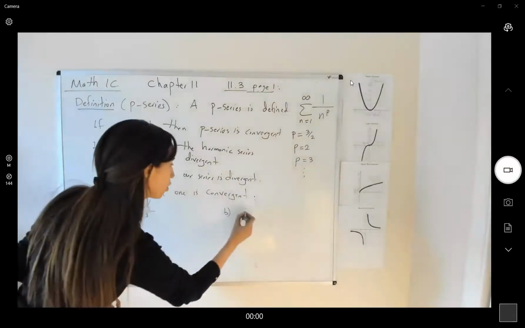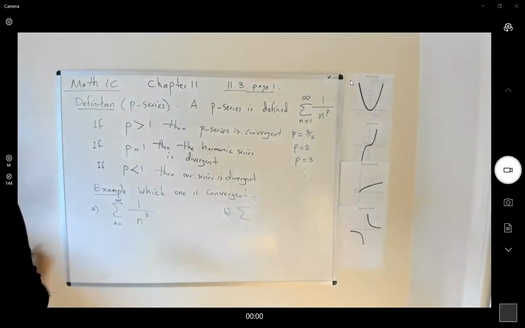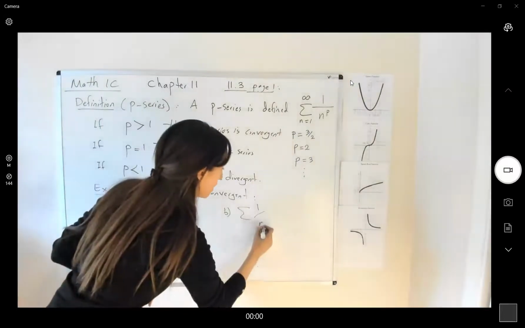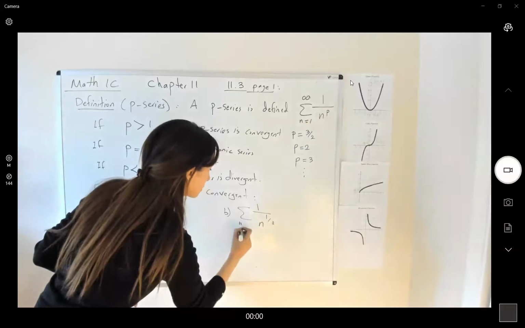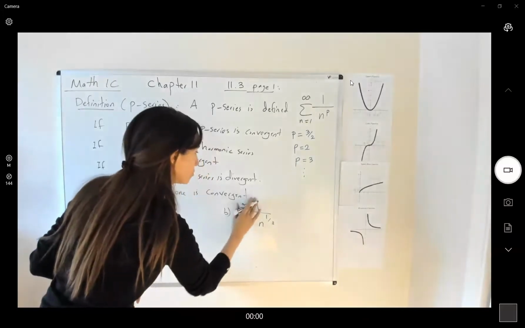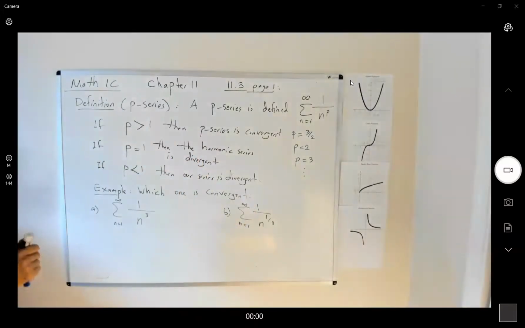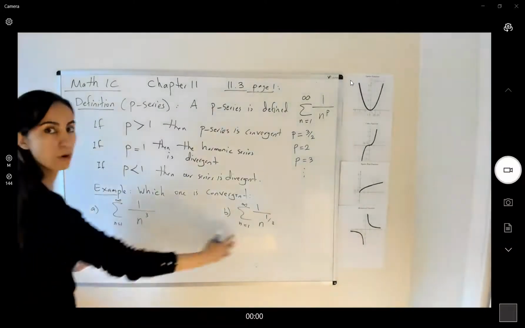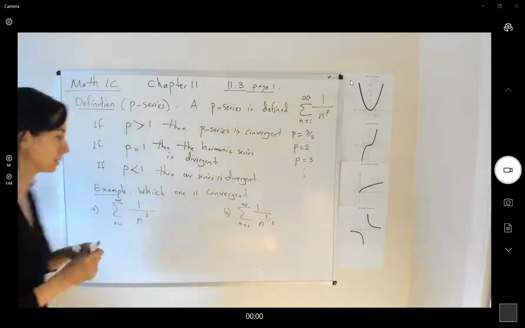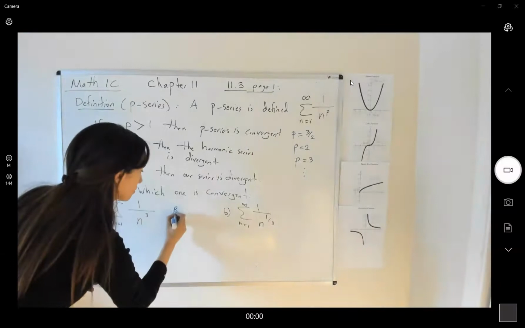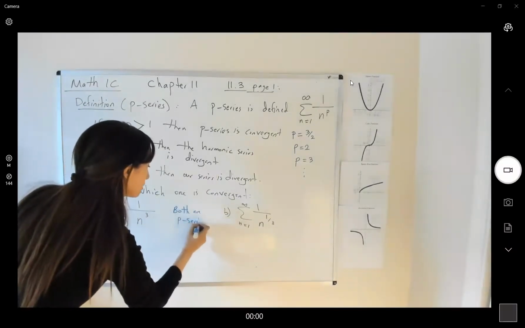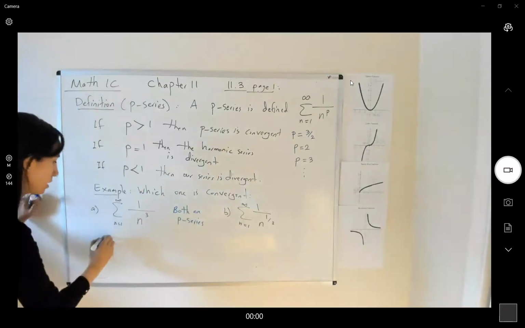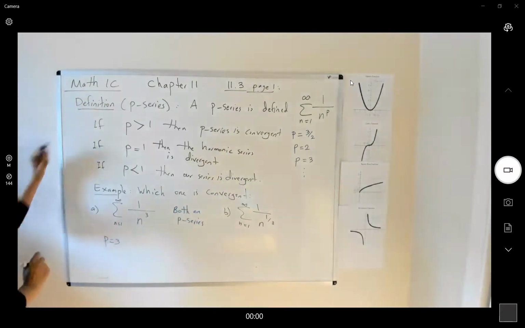And the second one is the sum of 1 over n raised to a third, from 1 to infinity. Both of these are P-series. P in this case is 3.